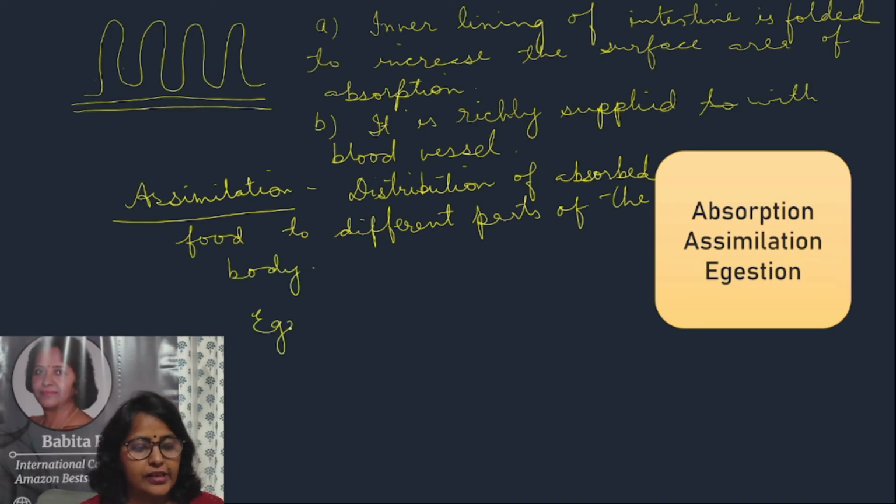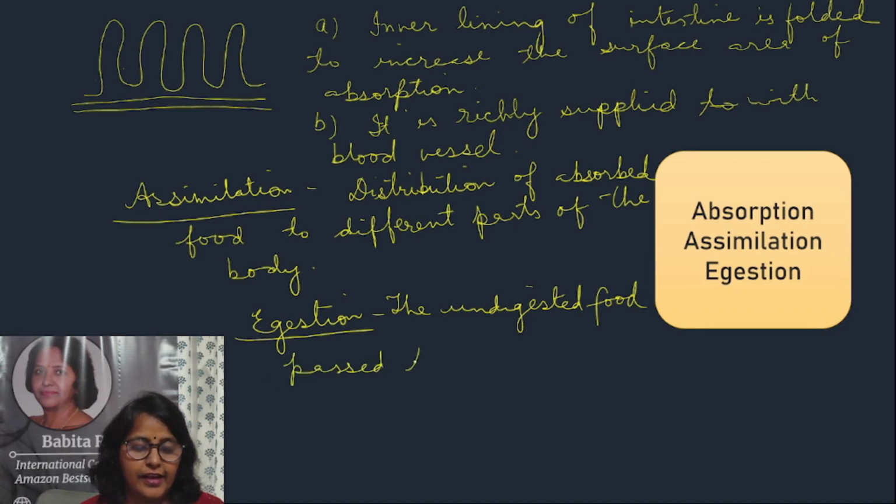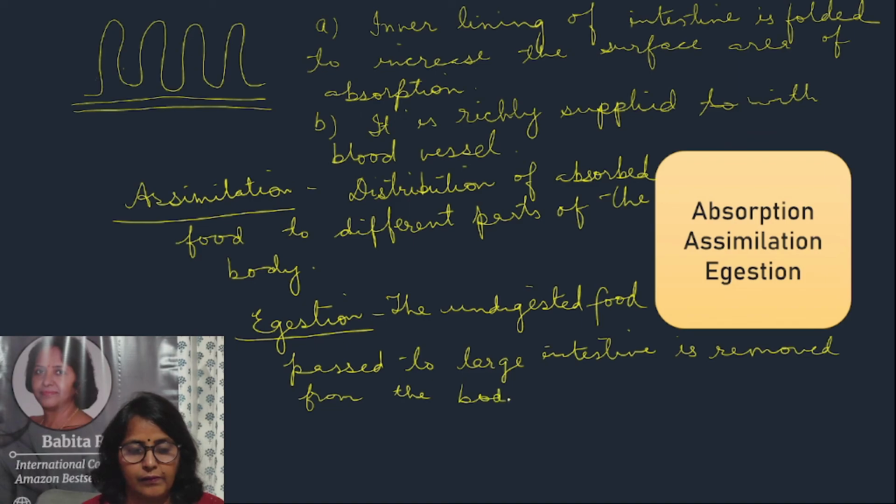And the last process is egestion. The undigested food from the small intestine passes to the large intestine and is removed from the body through the anus.